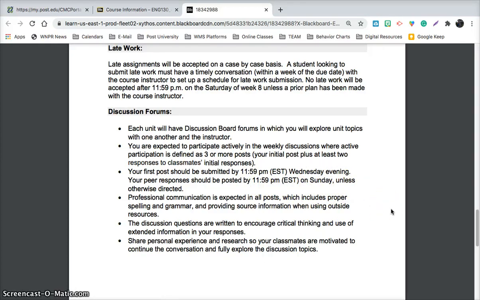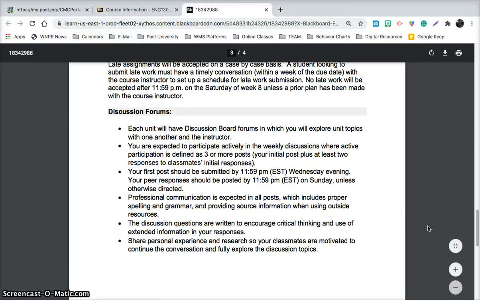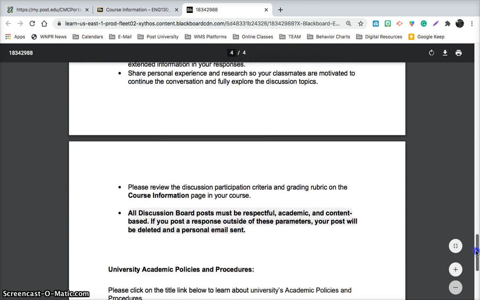So please remember professional communication is expected in all posts, which includes proper spelling and grammar and providing source information when using outside resources. Please be polite, courteous, kind. I encourage critical thinking and use of extended information in your responses. And also share personal experience in research so your classmates are motivated to continue the conversation and fully explore the discussion topics.